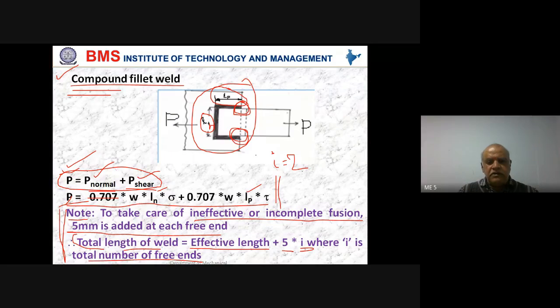Total length of the weld is equal to effective length plus 5 into I, where I is total number of free ends.